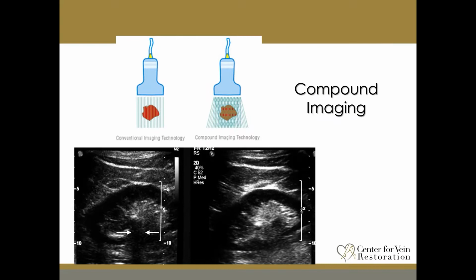So the point with this is sometimes on our ultrasound systems, we have the options to turn features on and off. So sometimes you have to turn certain features on or off to see how the image may look in order to improve the image and in order to demonstrate important details that may need to be shown.